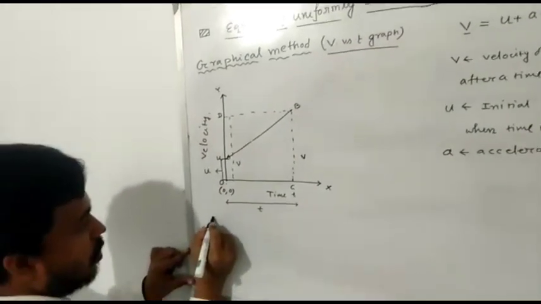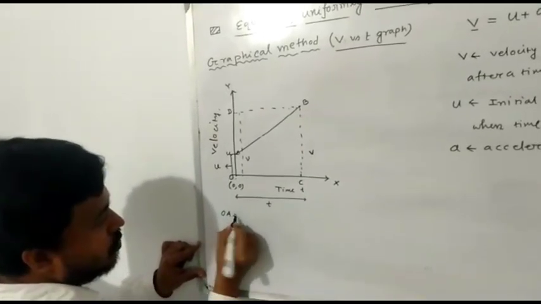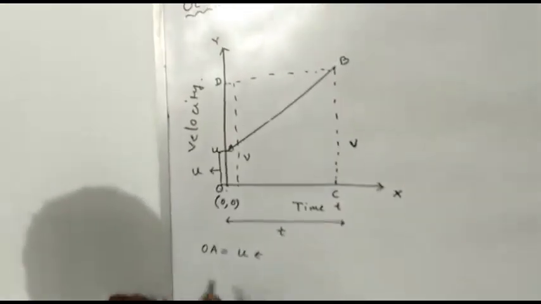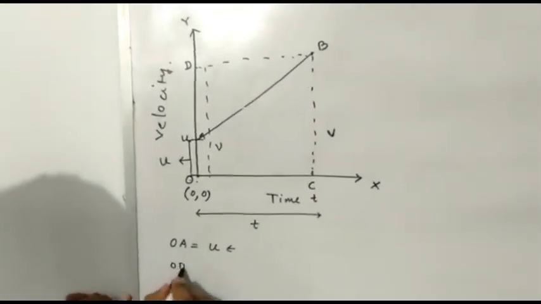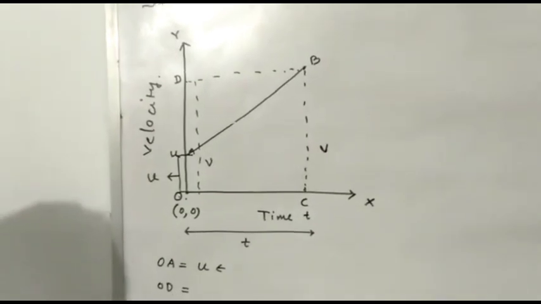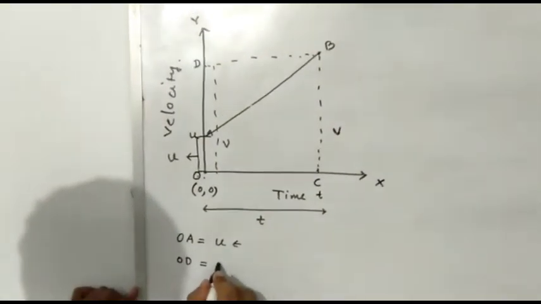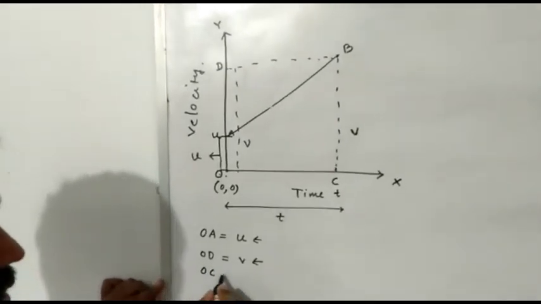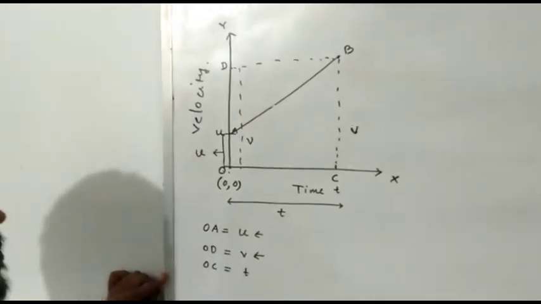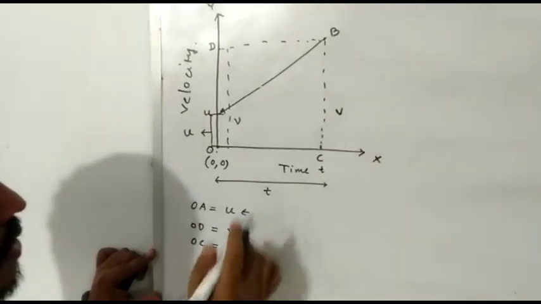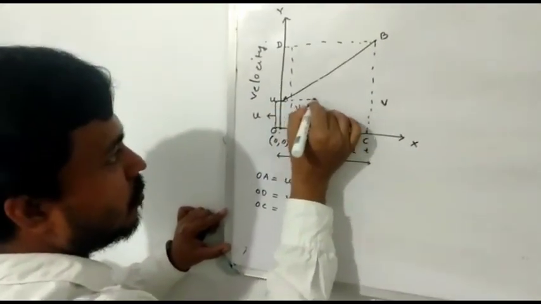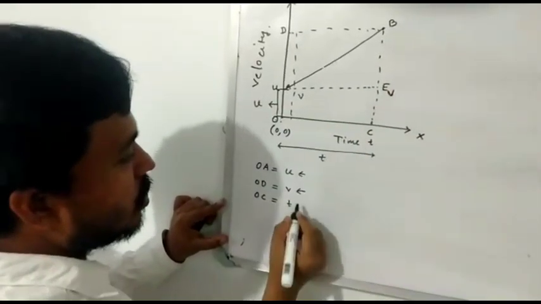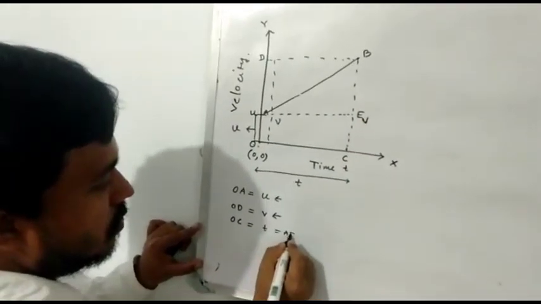Now here, OA equal to u, the initial velocity, and the length OD equal to v, the final velocity, and the length OC equal to t. If you draw another normal from this point, we consider this the point E. So AE is also t.